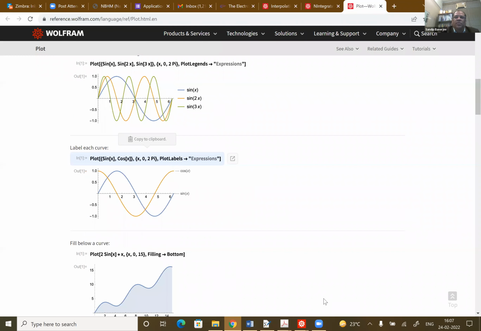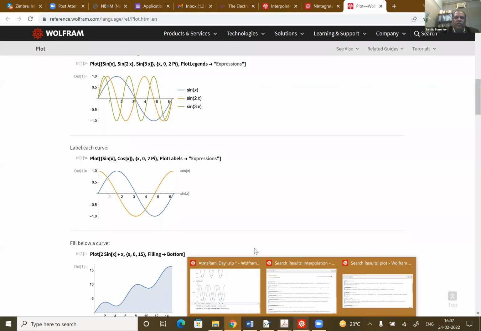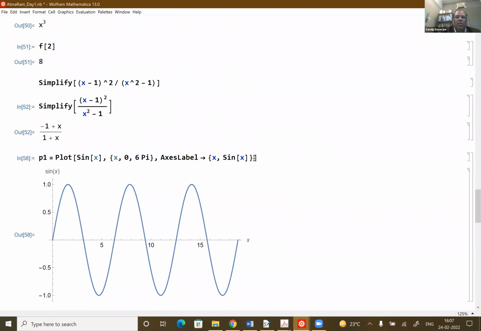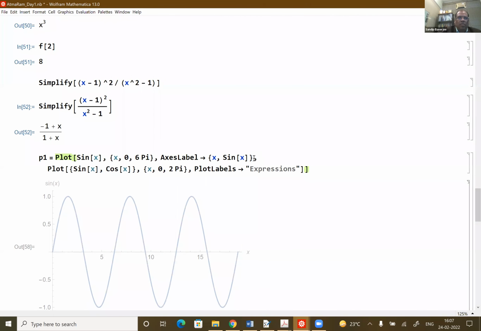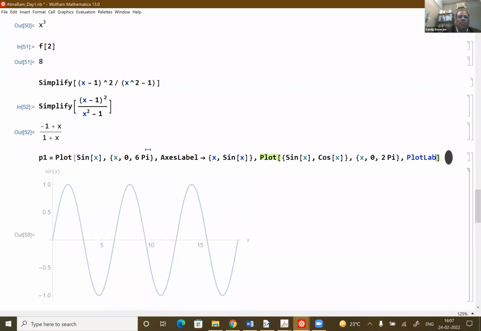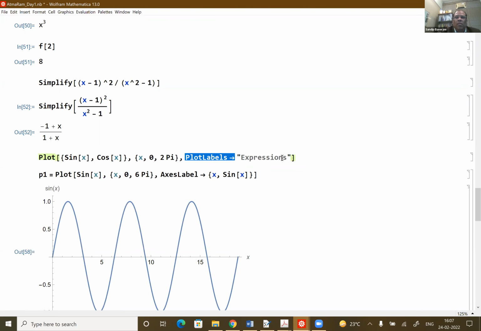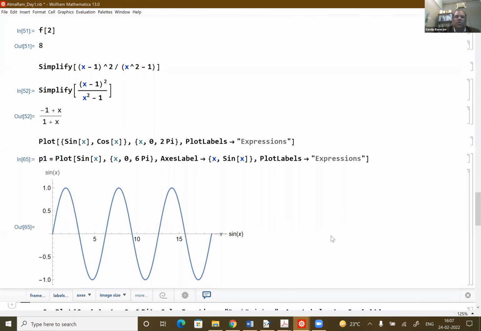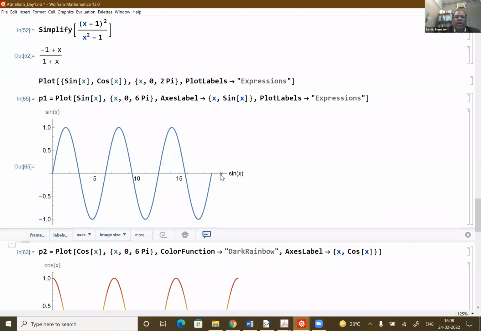It's called plot labels. So if you give these expressions, it will show that this line is actually the sine x.